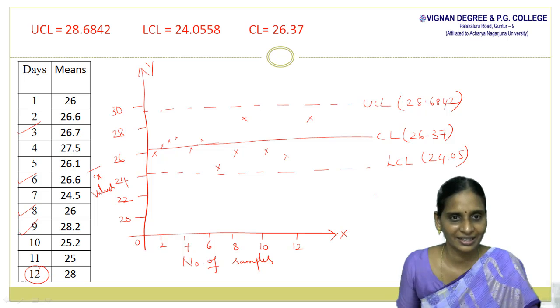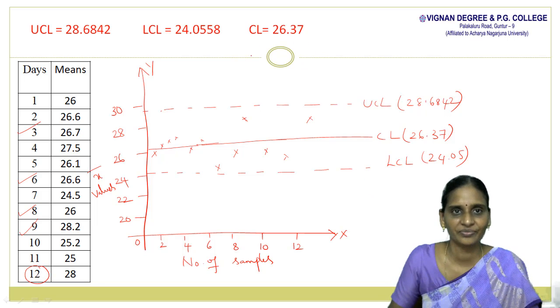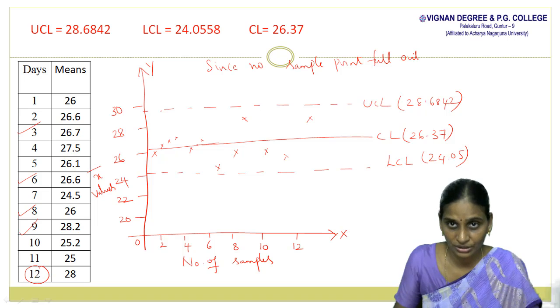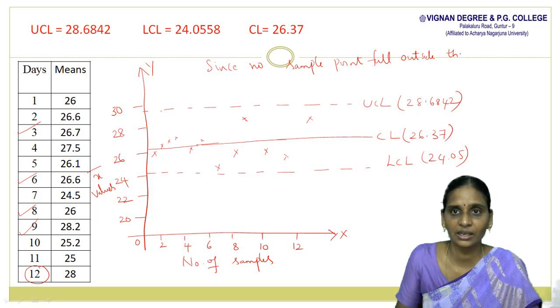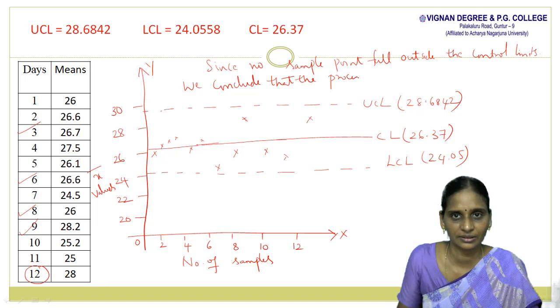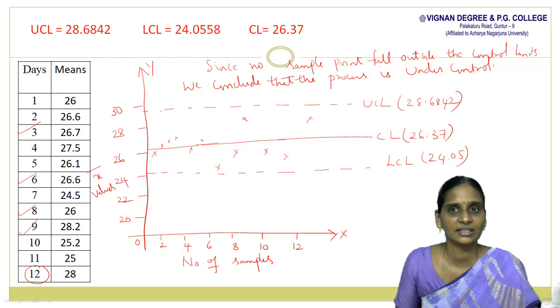So here we write the interpretation: since no sample point falls outside the control limits, we conclude that the process is under control. So this is the second question.